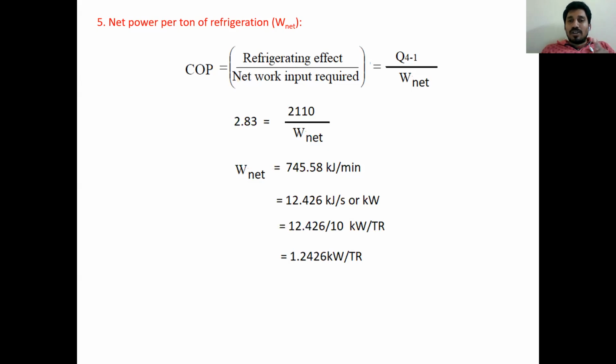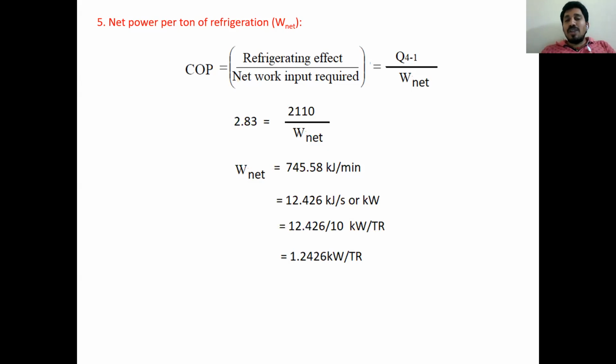We know that 1 TR is equal to 3.517 kilowatts, but he is not asking in that way. He is asking the amount of power per TR. Per TR means the total amount of power we got, divided by the total TR value which is given in the problem. Just now we determined that total power is 12.426 divided by total TR, which is given in the problem as 10.